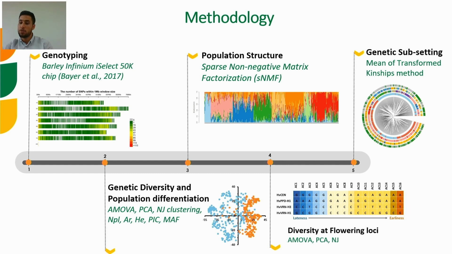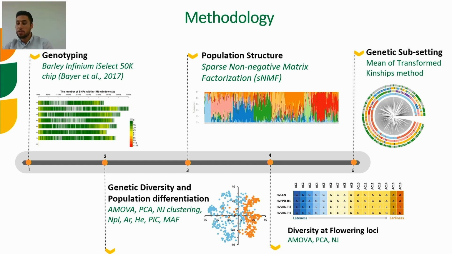AMOVA tests were used to calculate the variation explained by each of the SNP markers and their 16 allelic combinations. Also, to select a core subset of 250 entries that represent the diversity of the population and at the same time provide an optimized set of entries for association mapping studies, we used the mean of transformed kinship implemented in the genetic subset R package.